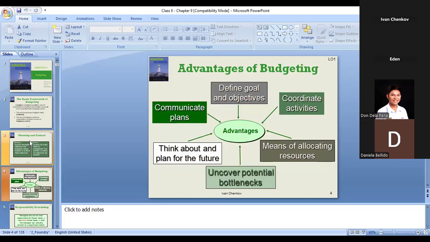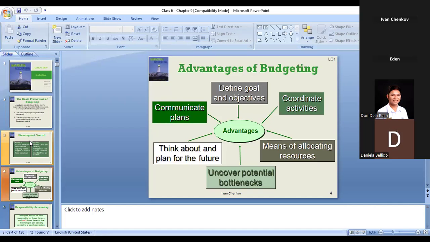Now, what are the advantages? If you have a budget, then definitely you have a goal and objectives. So the budget is going to help you define your goal and your objective. The budget is going to help you coordinate the activities that you need to do in order to achieve your goal and objectives.